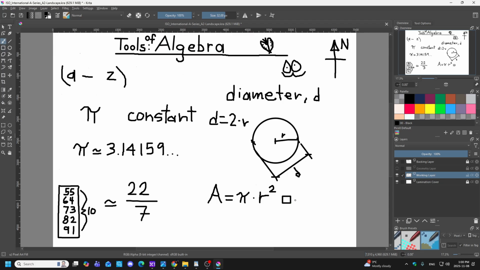That is our answer. So the question was to write an expression that represents the area of a circle with a radius r. Good job.